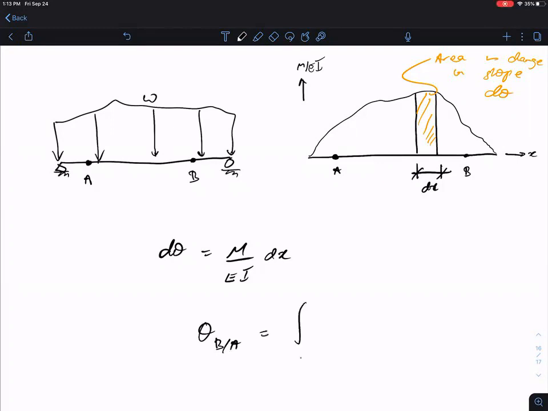That would be the integral of the M over EI diagram between points A and B. So this is basically the first theorem associated with the moment area method. It basically says that the change in slope between any 2 points on the deflected shape is equal to the area of the M over EI diagram between those 2 points.